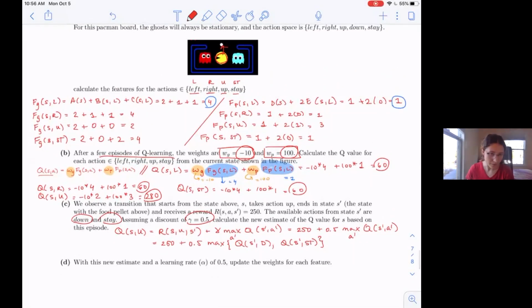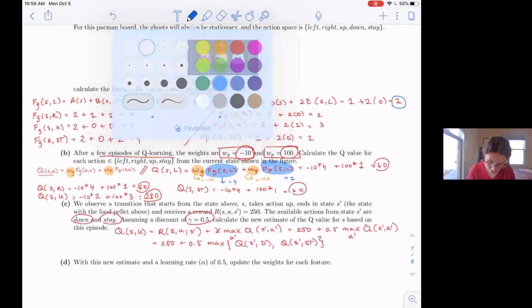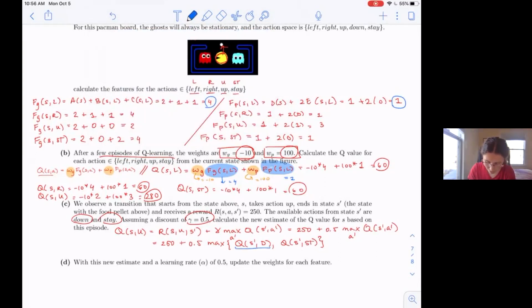Well, now that we've seen this, let's figure out what these Q values actually are. In order to figure these out, we're going to query this featurized representation of our Q function. So here we know that Q of S prime, D equals WG times FG of S prime down plus WP times FP of S prime down.